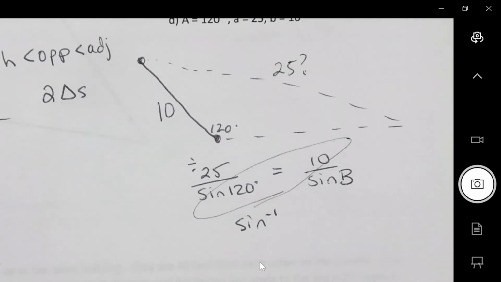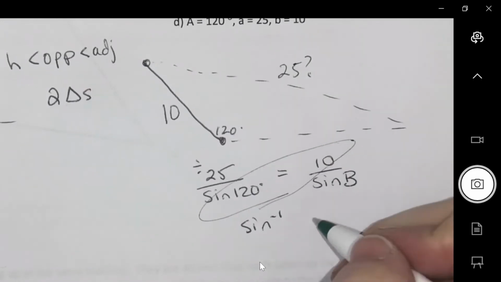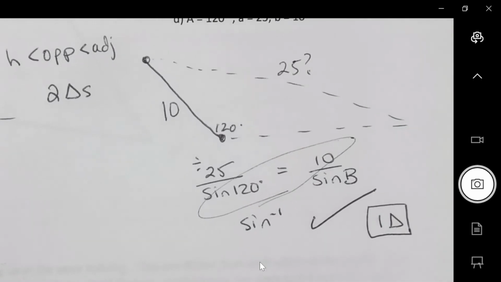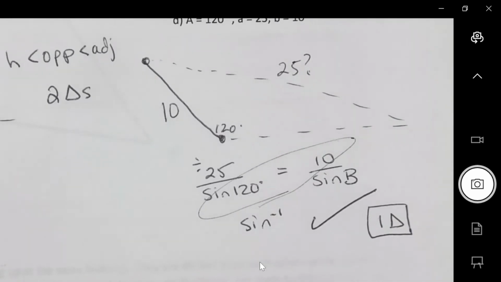Because if it gives me an error, it's saying that 25 is not long enough. And it came out for me. It didn't say error. Sometimes it will say error, which means it's not long enough and it will not reach.